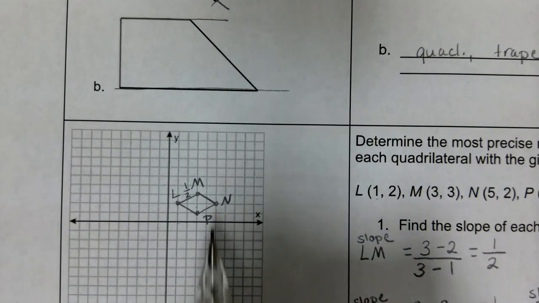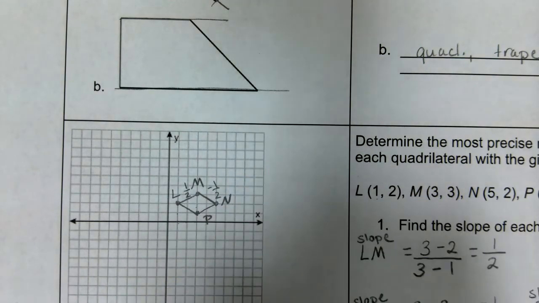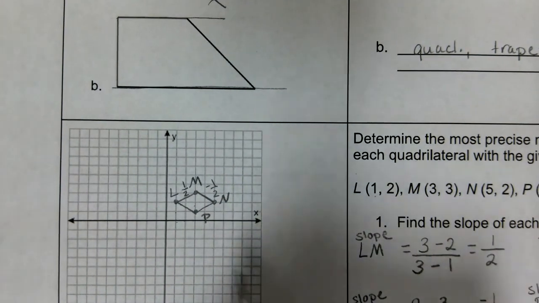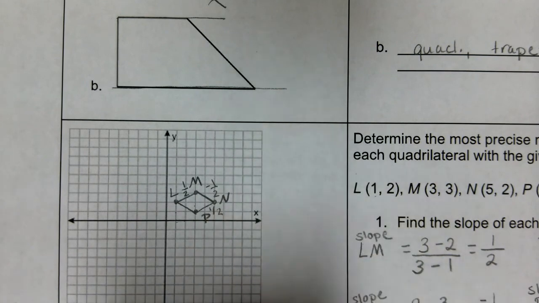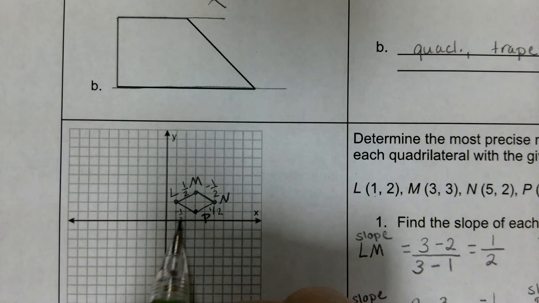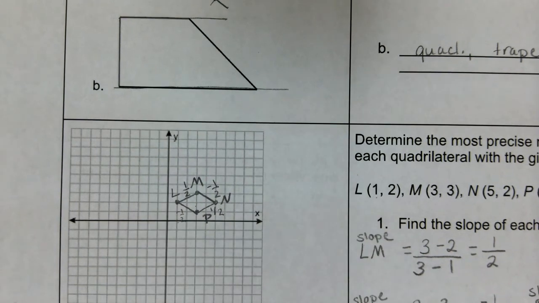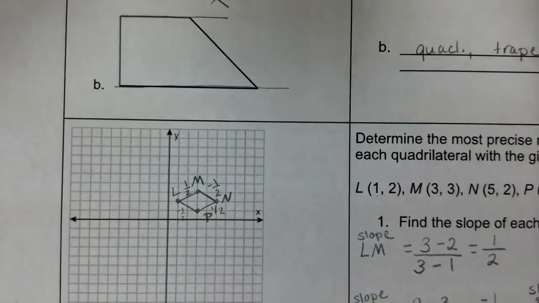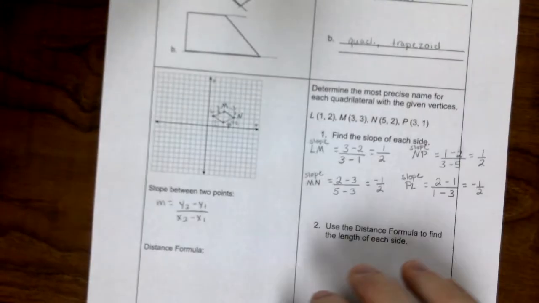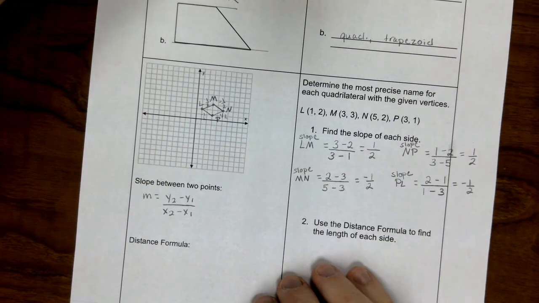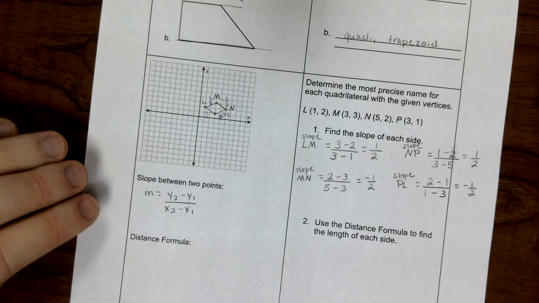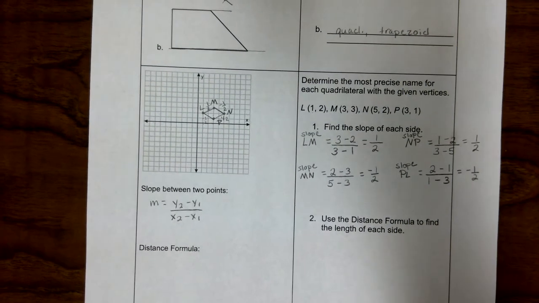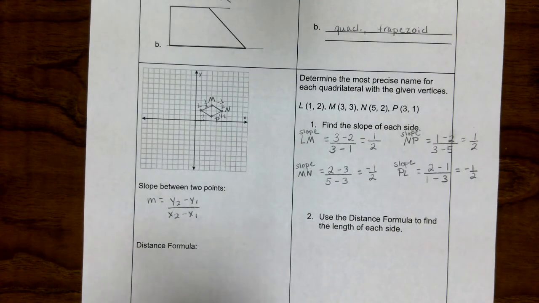We found the slope of MN to be negative 1/2. The slope of NP was 1/2. And the slope of PL was negative 1/2. Let me see if I can zoom this back up without causing all kinds of problems. Okay, sorry about that.